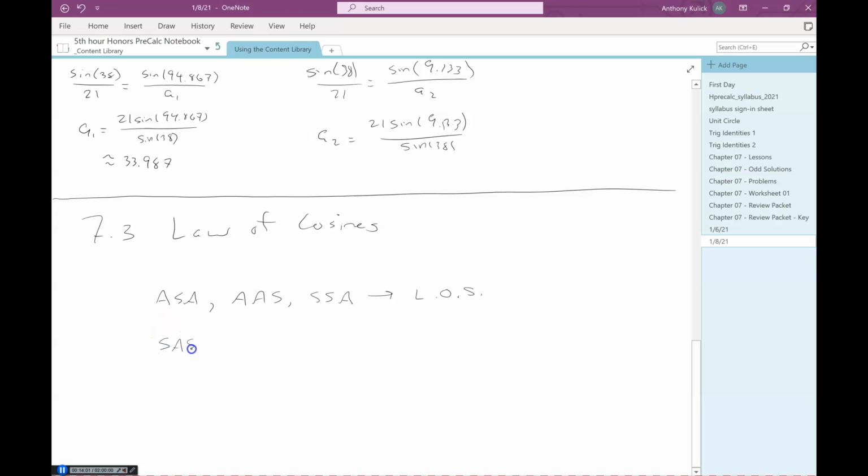Today, we're going to talk about what we use if we have a side-angle-side or a side-side-side situation. In those cases, we're going to be using the law of cosines. I'm going to put a little asterisk on the side-side-angle because we know that's a situation we have to be careful about.